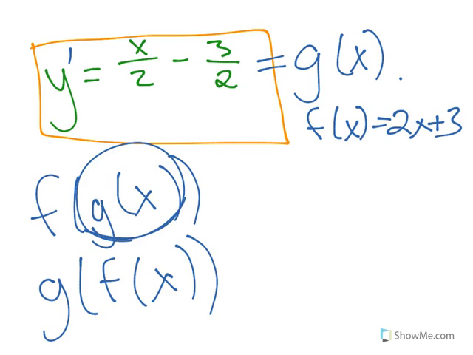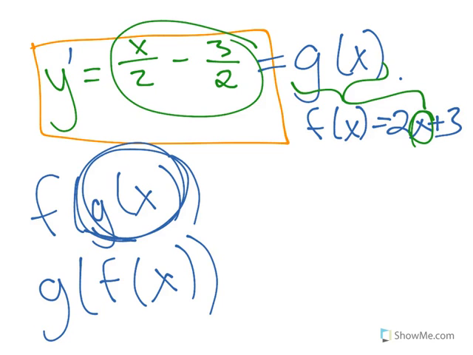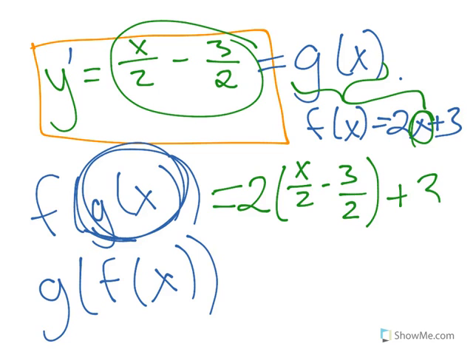By having this, we know that the x in f of x will be substituted by whatever g of x is. In this case, it's this kind of complicated equation. So this is equal to 2 times x over 2 minus 3 over 2 plus 3. See, here is where x was, and we substituted it by whatever g of x was.